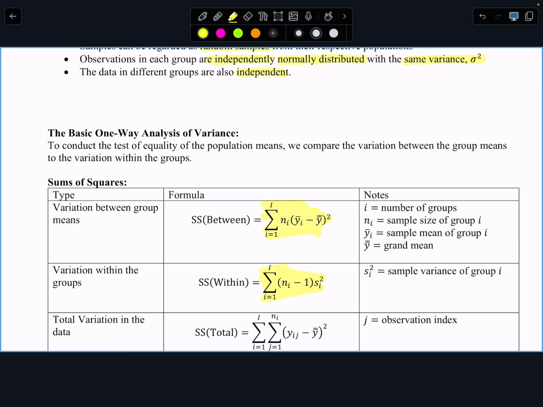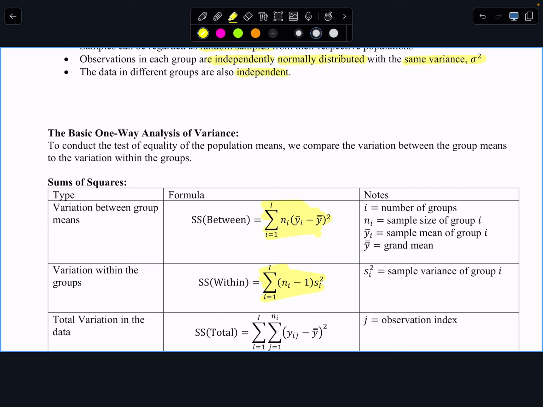So we have sum of squares between, where we go to each group, i equals 1 to capital I. We multiply the sample size times the deviation of each sample mean from the grand mean and square that. So it's like doing a standard deviation of your means. At the end, they give you what each of those symbols mean.